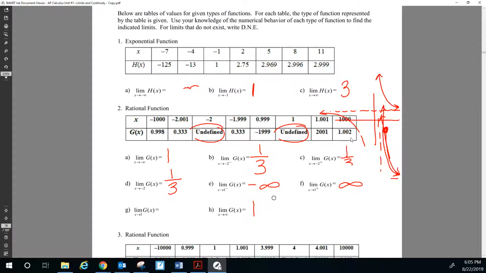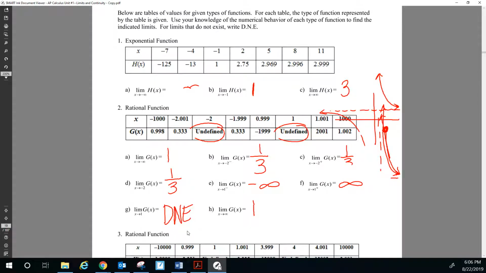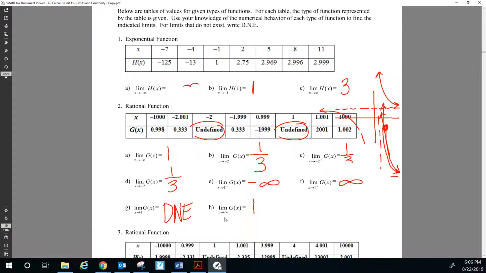No. Left-hand limit is negative infinity. Right-hand limit is positive infinity. It does not exist. Even if these were both positive infinity, remember, it doesn't exist because we can't have a limit going to infinity unless we're talking about an infinite limit, like we were with the exponential. So if we're saying at 1, it can't go off to infinity. If we're saying at infinity, that's a different story, right?